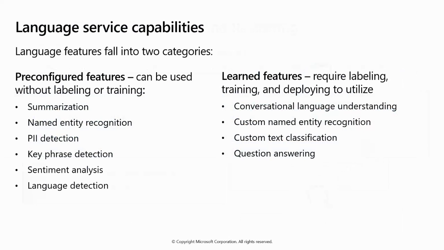Now we have the learned features. For learned features to work in your application, remember, we need to label data, train your model, and deploy it. With these features, you can change what information is predicted or extracted to fit your needs. We have conversational language understanding. One of the most important custom features that Azure Cognitive Services for Language offers is CLU, or Conversational Language Understanding.